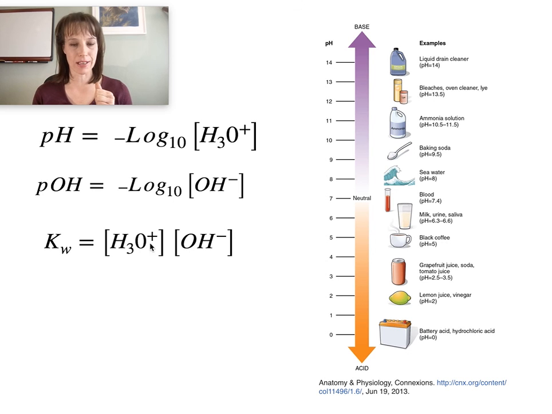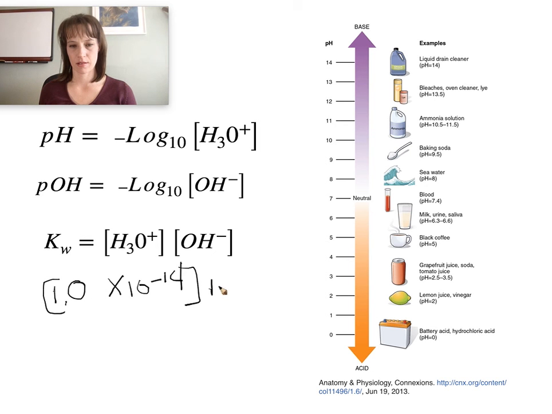K is equal to the hydronium ion concentration times the hydroxide ion concentration, and that is then equal to 1.0 times 10 to the negative 14th molar squared, because we're working with 2 molar concentrations. And if we know any one of these, or any 2 of those, then we can rearrange the equation to find the unknown.